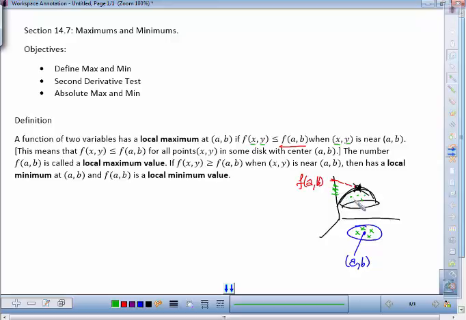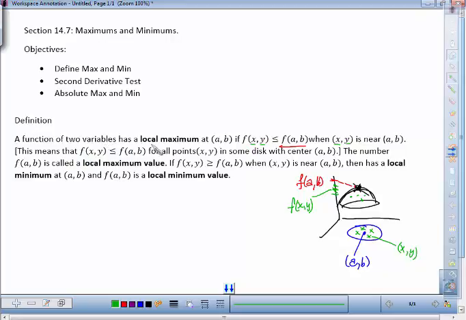So regardless of what value you put in, these are all samplings of some random (x, y) points that we're selecting near (a, b). If we put that into the function, then your output value, your z-value, will always be less than f of (a, b), because that's the maximum. So that's what this is saying.